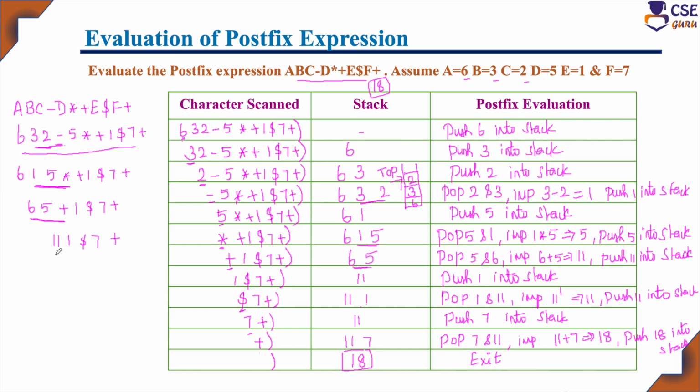Next, 2 operands together with an operator are 11 and 1 with dollar. It is an exponent. So 11 power 1 is 11 you will get. And 7 plus remaining as it is. Okay. And then 11 and 7 with addition operation you have to implement. So 11 plus 7 you will get as 18. The result of this postfix expression is 18.